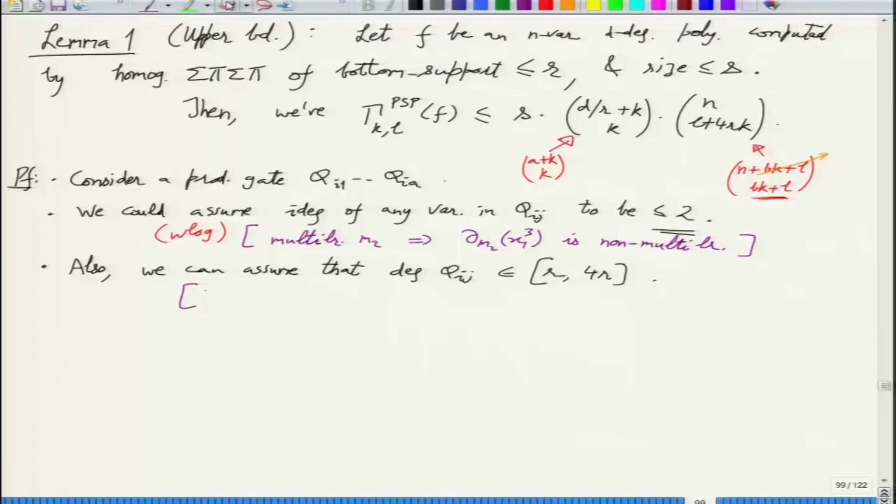How can you say that each monomial has degree at most 4r? Well, because of bottom support r, we can take 2r, right? Yeah. So why am I taking 4r? Yeah, I'm not sure. So this should be 2r, I think.